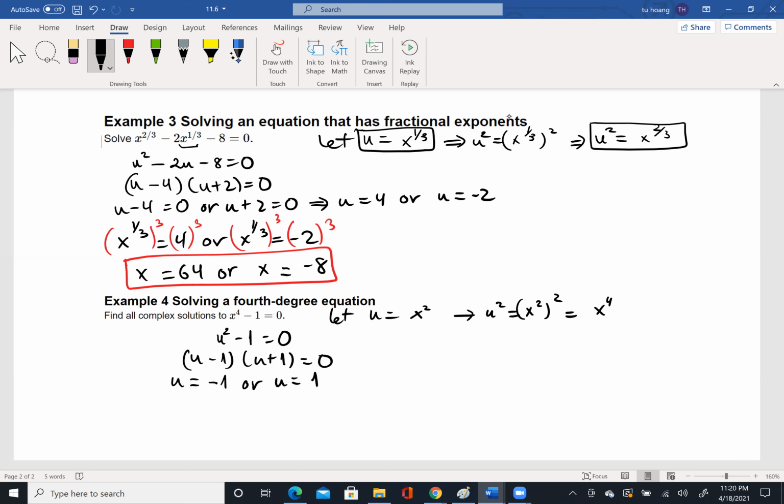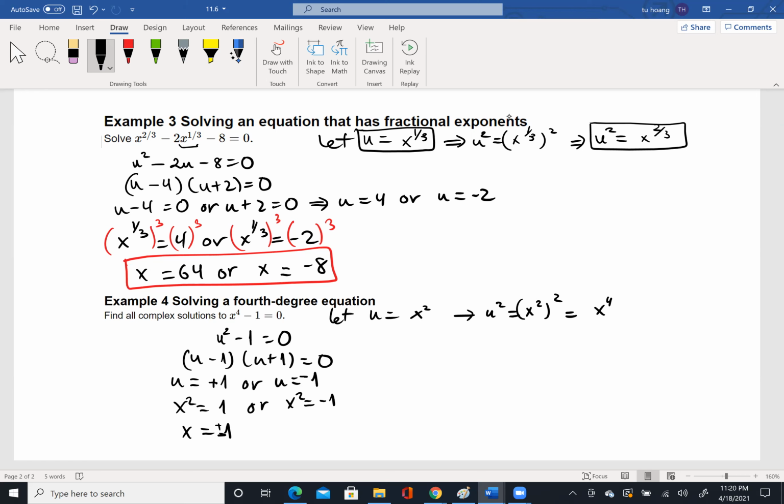Actually, let's go another way: u equals positive 1 or negative 1. And now I come back with x squared. So I have x squared equals 1 or x squared equals negative 1. For x squared equals 1, when you take the square root of both sides, you have x equal to positive and negative 1.